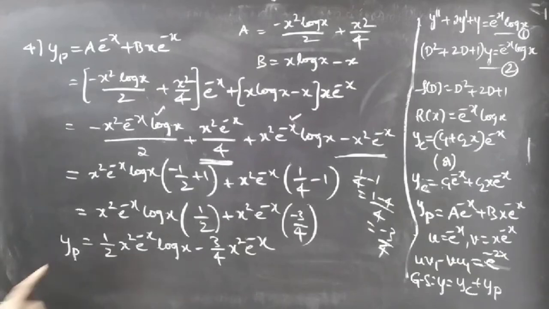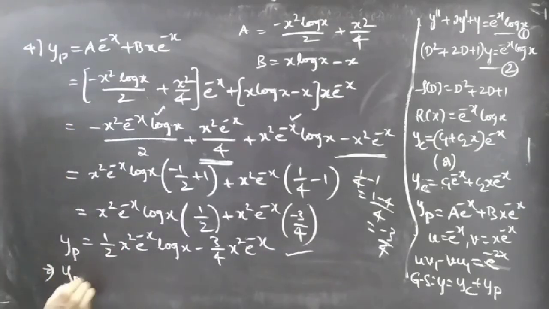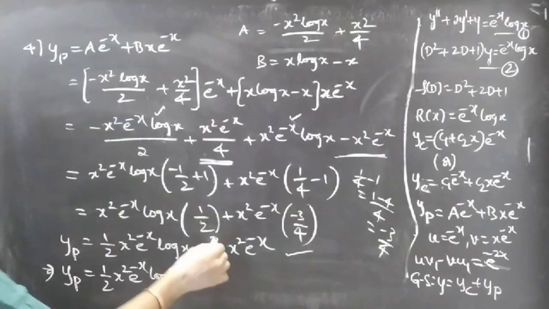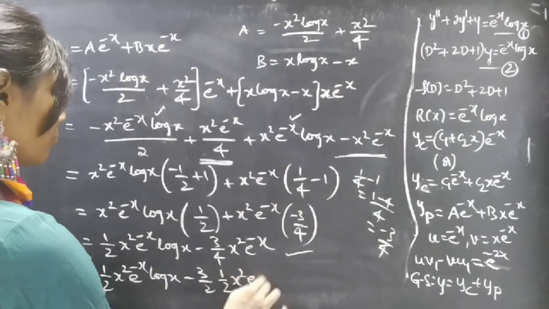Or you can take 1 by 2 x square e power minus x common from these two terms. Let's see that also. I'll just write minus 3 by 4 as 3 by 2 into 1 by 2 for my convenience.